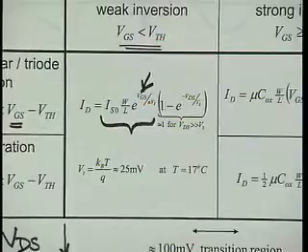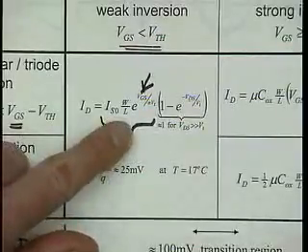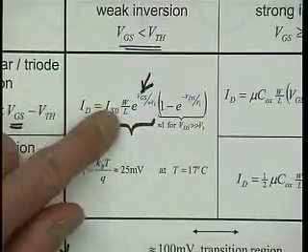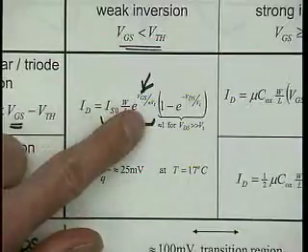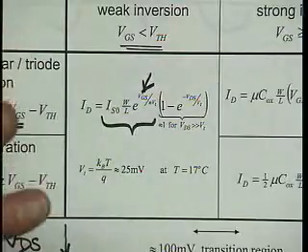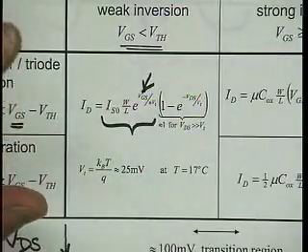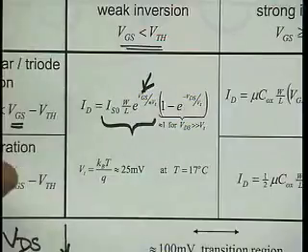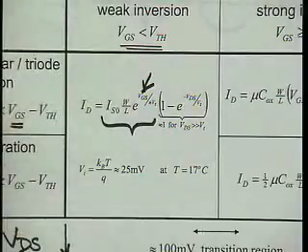A bipolar transistor has exactly this kind of characteristic: IC equals some current IS times e to the VBE over VT, right? So for small VGS, less than the threshold voltage, MOS transistors actually behave like bipolar transistors. That region is called weak inversion, and it is fairly important, so we include it here.